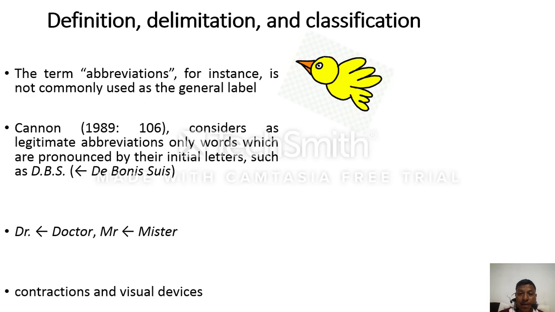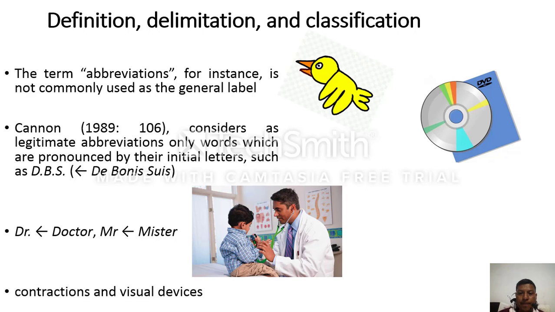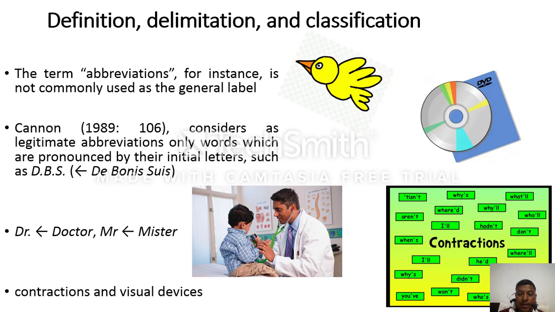Contractions and visual devices we have in this topic for explaining, DVD, Dr. for doctor, Mr. for Mister. Other contraction, for example, in the bottom of the page, on your right-hand side, there is another contraction. Also abbreviation.